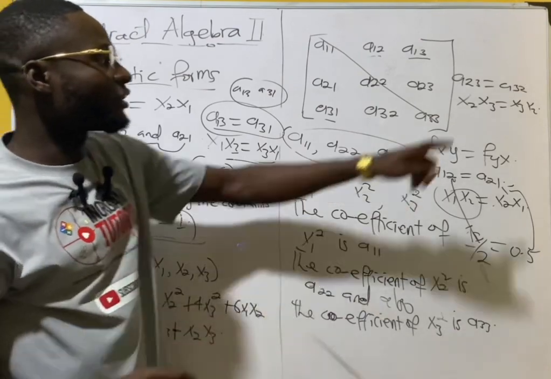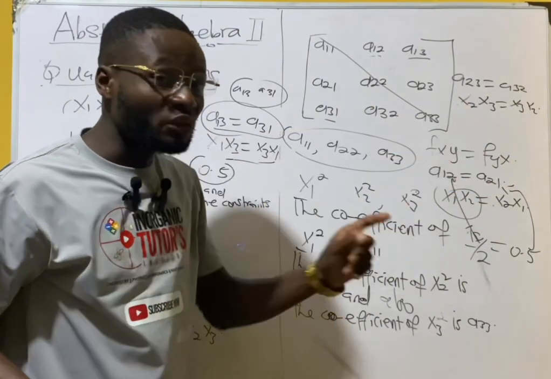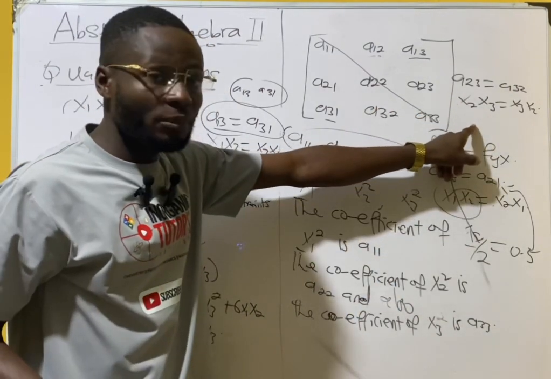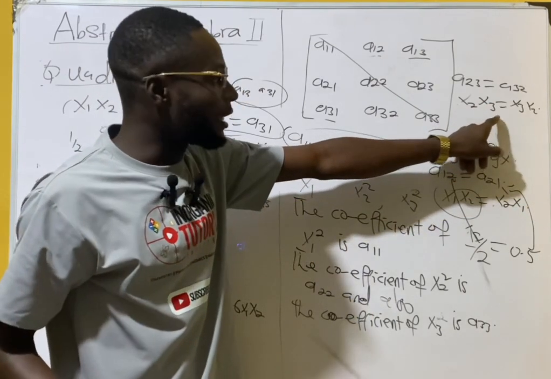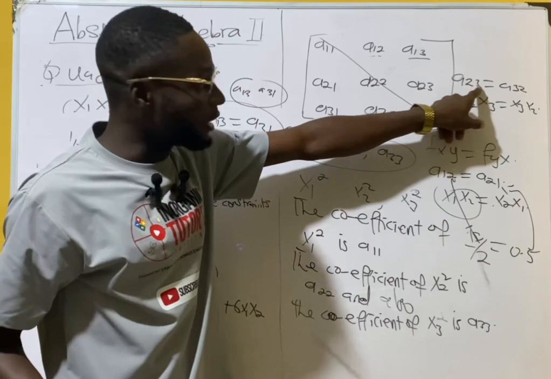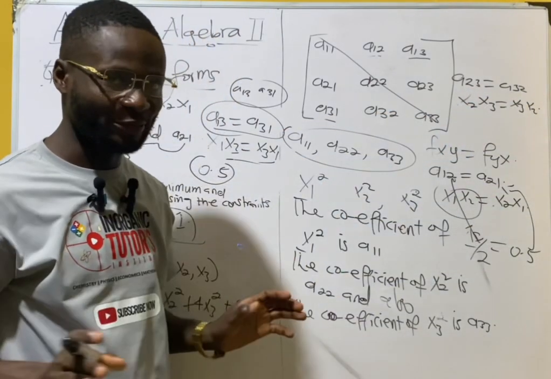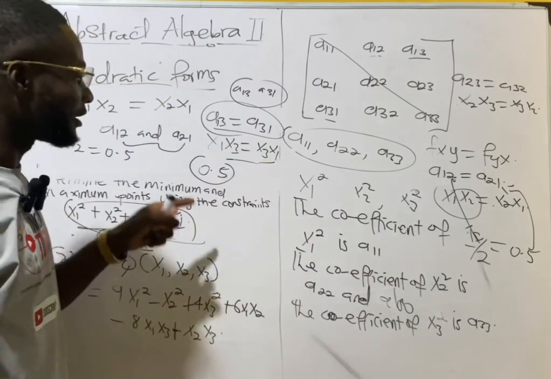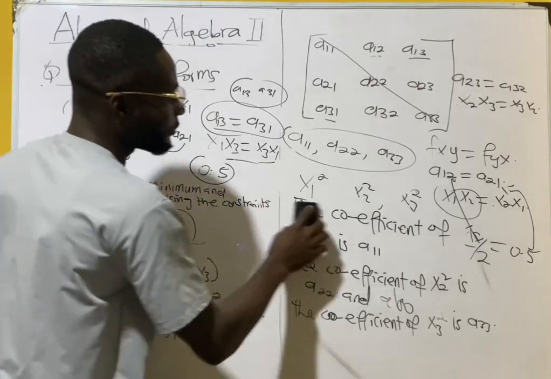So if the coefficient of x2 x3 is 1, then you divide it by 2 to have 0.5. Then you share it for both x2 x3 and x3 x2, and that represents A23 and A32. Very, very simple, right? So now let's form the matrix out of this explanation that I've given.